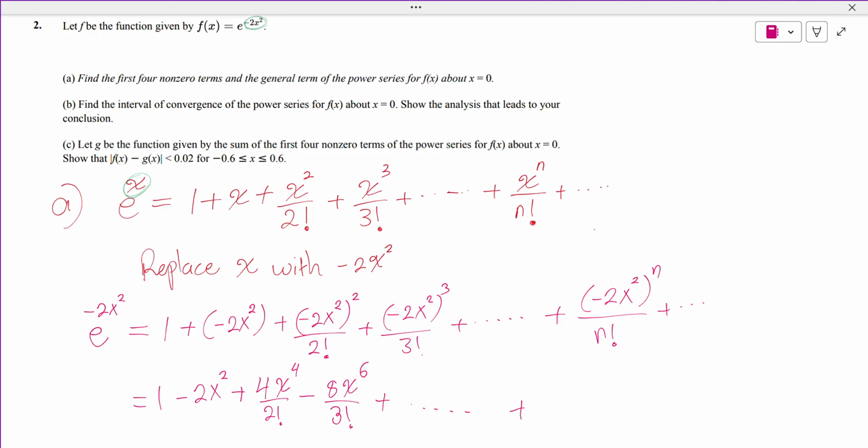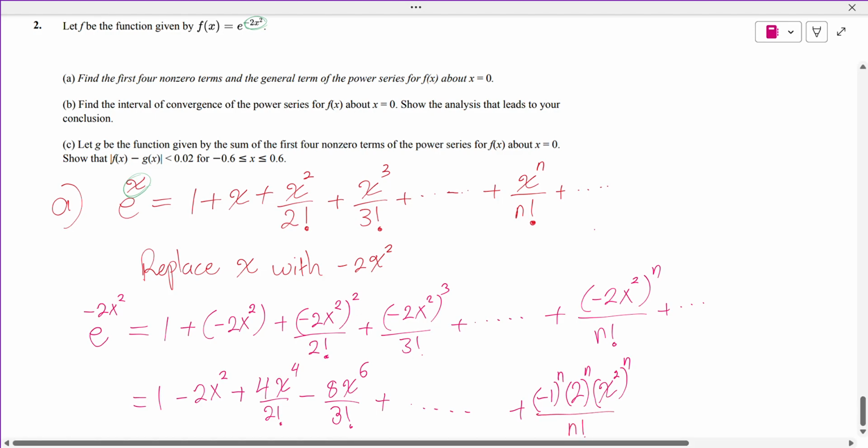Minus 2 to the power of n, we can write as minus 1 to the power of n times 2 to the power of n, times x squared to the power of n, all over n factorial. So this is the first part.